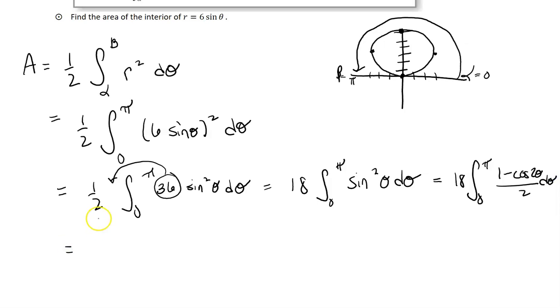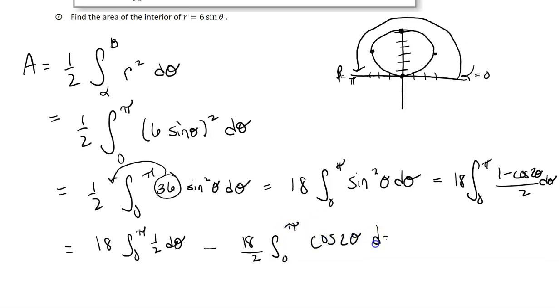I'm going to have 18 times the integral from 0 to pi of 1/2 d theta minus 18, and let's go ahead and bring the 1/2 out, the integral from 0 to pi of cosine of 2 theta d theta. This first one is easy. This is 18 over 2, which is 9 theta from 0 to pi.